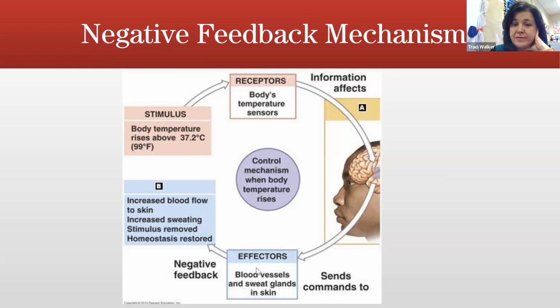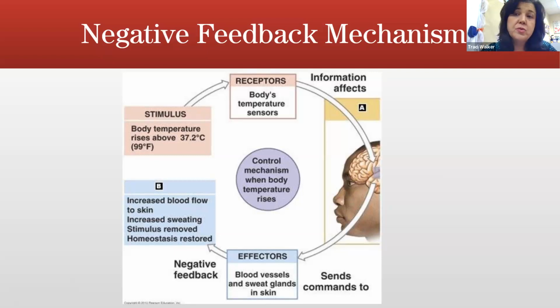So your blood vessels and sweat glands, in response to this message from the brain, begin to increase blood flow to the skin. And that's to cool the skin down and to get more oxygen circulating. That's why when you exercise, sometimes your skin turns a little bit red, because of increased blood flow.